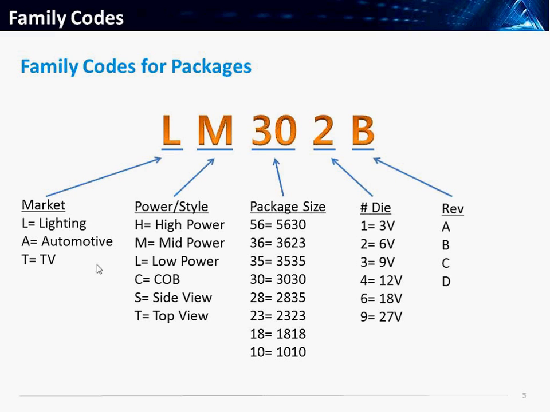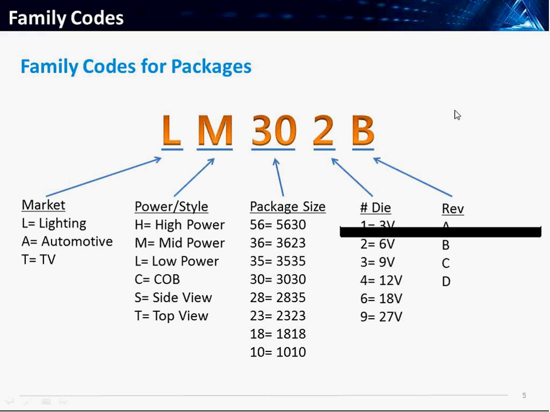The next digits are the package size. So the 3 would be our 3030 package. 56 would be our 5630. The last digit in the number is the actual number of die, and the B is a revision letter. So we'll get an idea of what type the package is, of what it is.